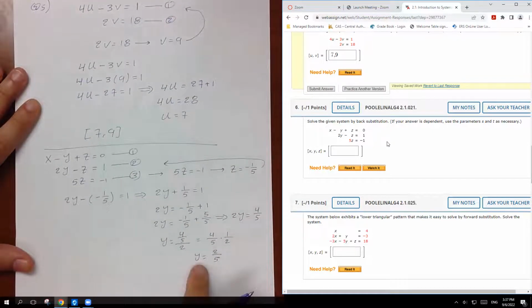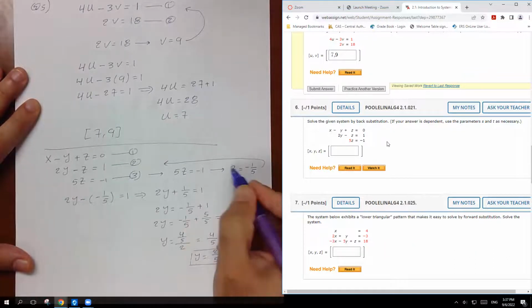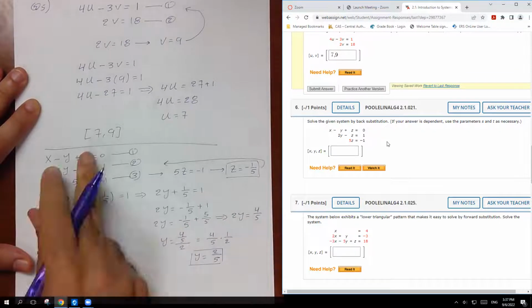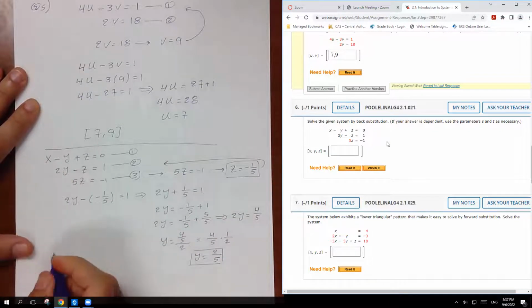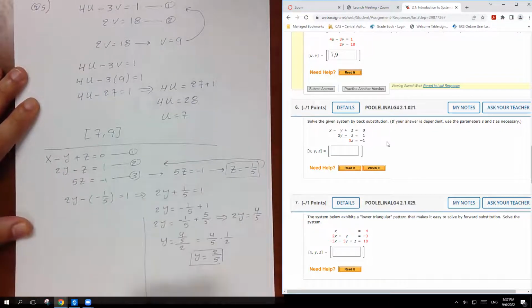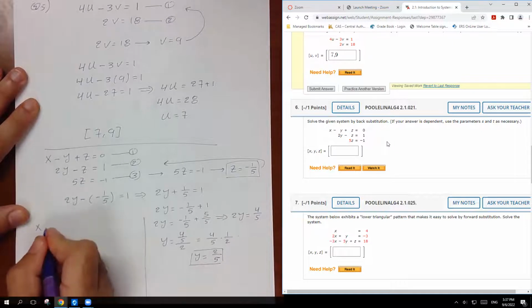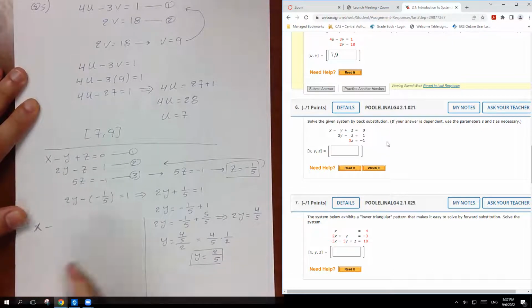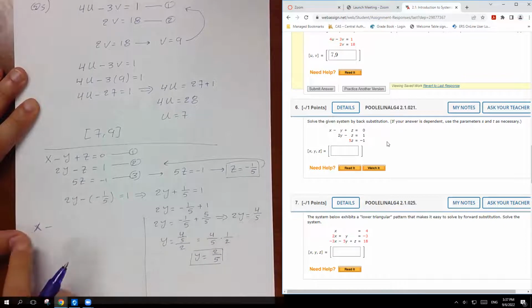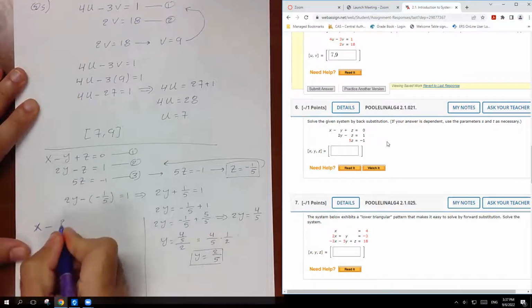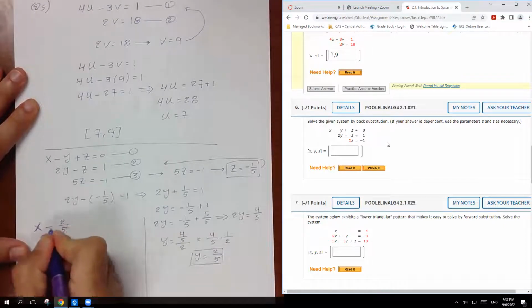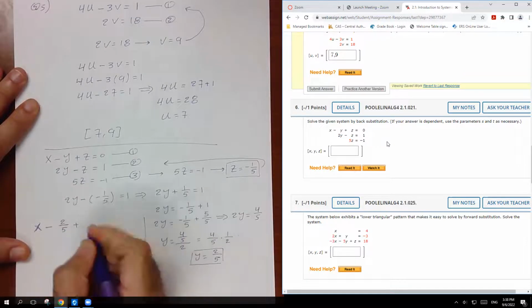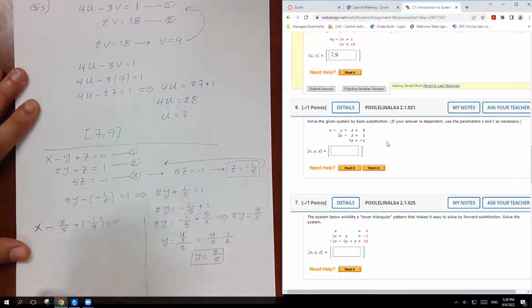Now I have y, I have z. I'm going to plug in y and z in the first one to get the value of x. So x minus y, which is 2 over 5, plus z, which is negative 1 over 5, equals 0.